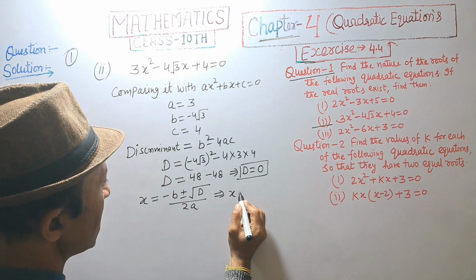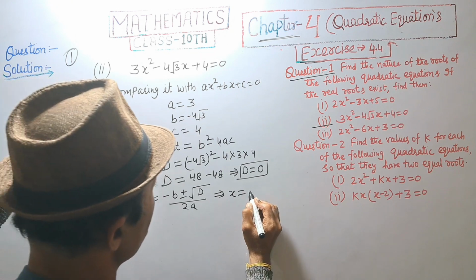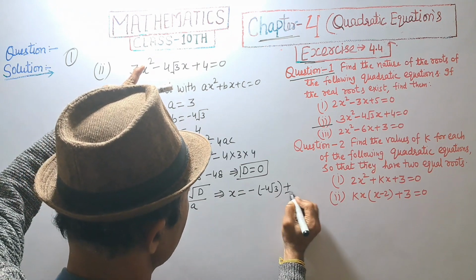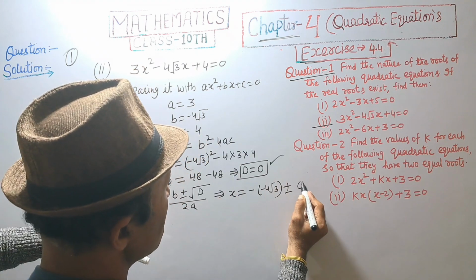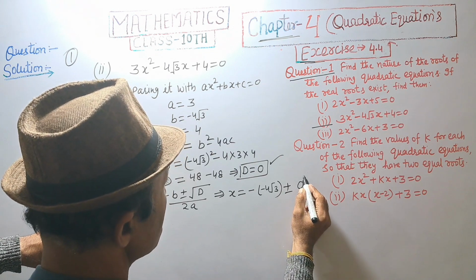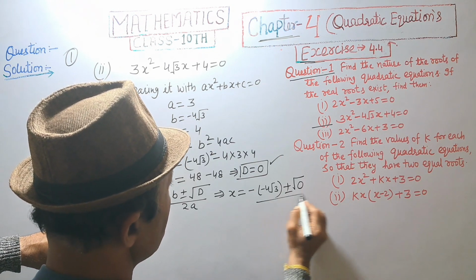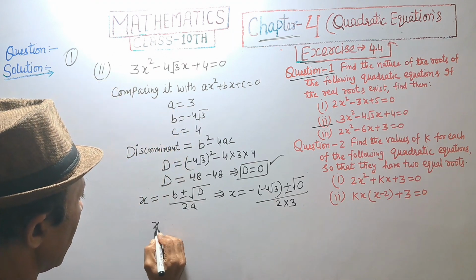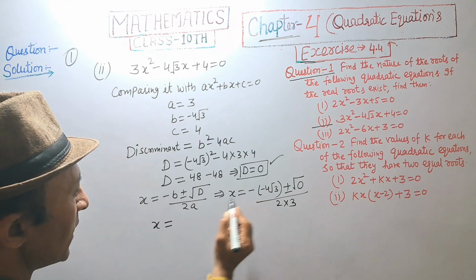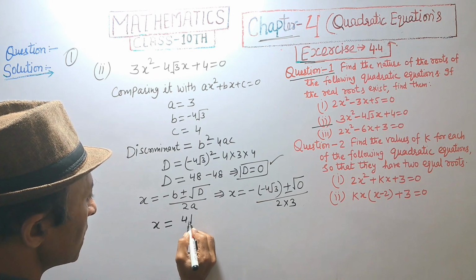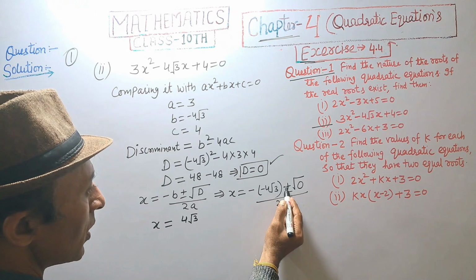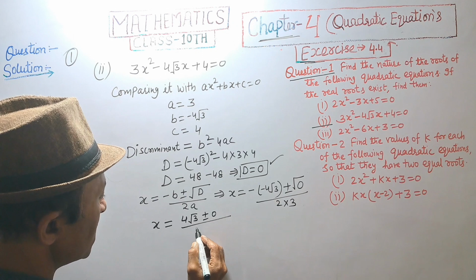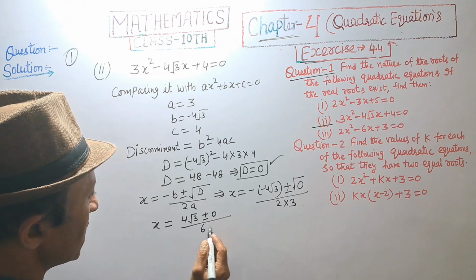This implies x is equal to minus b is minus 4 root 3 plus minus discriminant D is here 0, root 0, divided by 2 into a is 3. x is equal to minus minus, that will be positive 4 root 3 plus minus root 0 divided by 6.